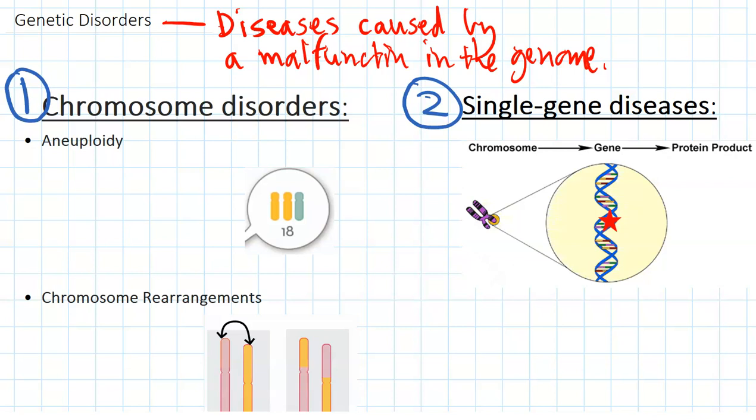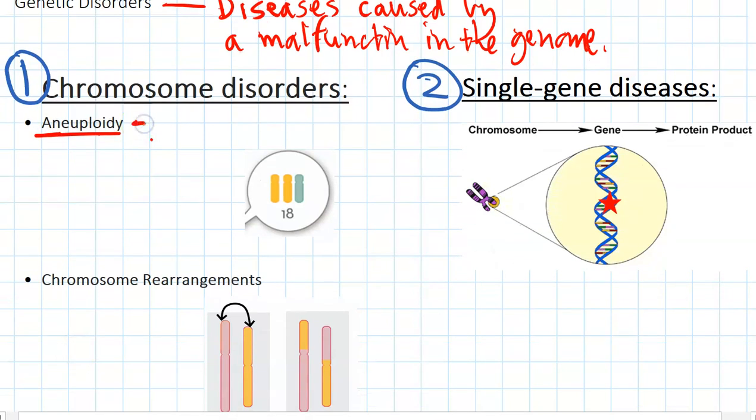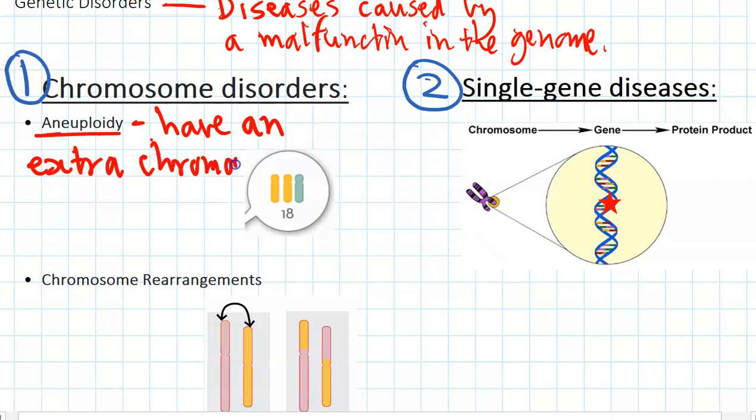So within these chromosome disorders, the first one we've actually looked at already, and that's called aneuploidy. So aneuploidy is where you have an extra chromosome, or you have one less chromosome than you should. So you have an extra chromosome or too few.